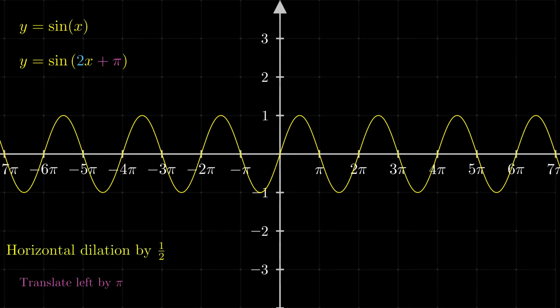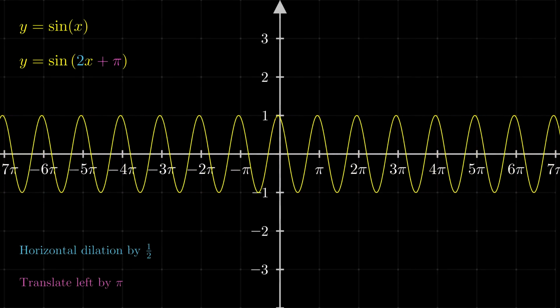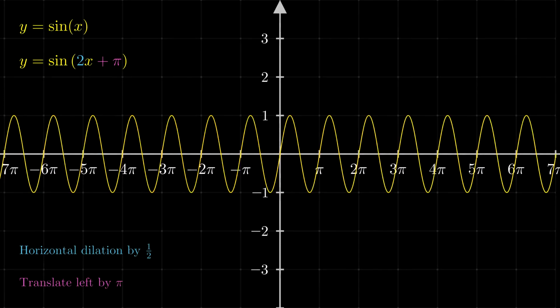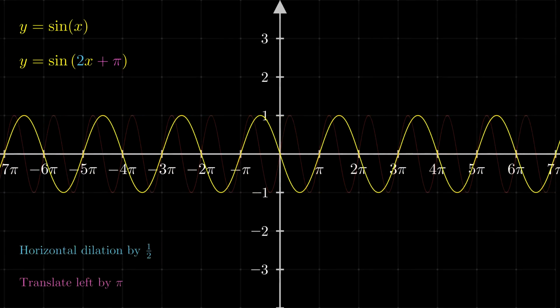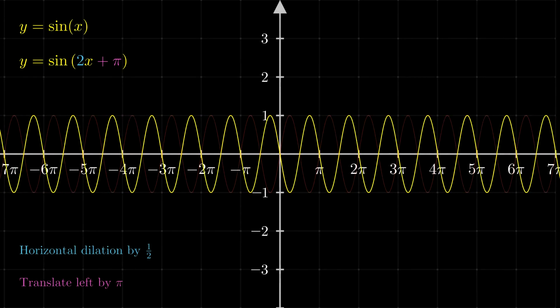If we do the dilation first, then the translation, well, the graph has to squish first and then move. And once again, I'll leave a red shadow there, but if we translate first, then dilate, it moves across first and then squishes. And once again, we see the results are different.